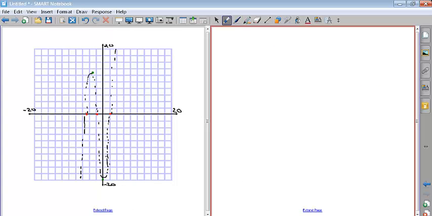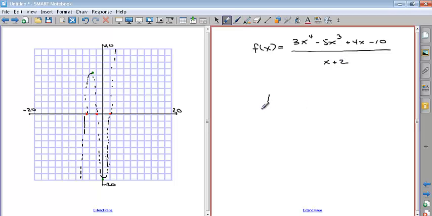Now I'll specifically ask for you to do long division. So I'm going to just make this up. I have 3x to the 4th minus 5x cubed plus 4x minus 10, all divided by x plus 2.